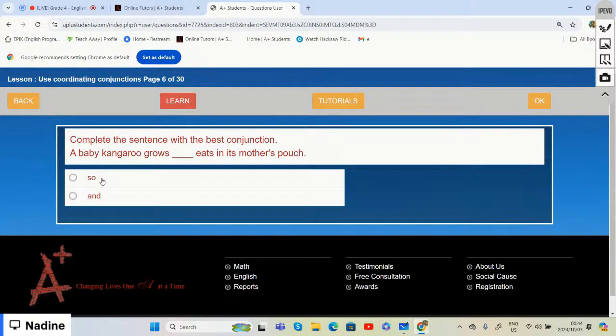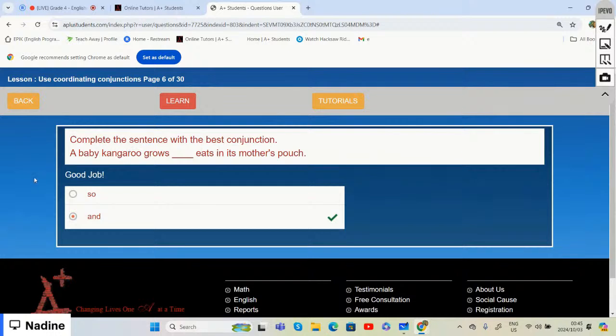Do we say so, or do we say and? All right, so we say baby kangaroo grows and eats in its mother's pouch. So well done.